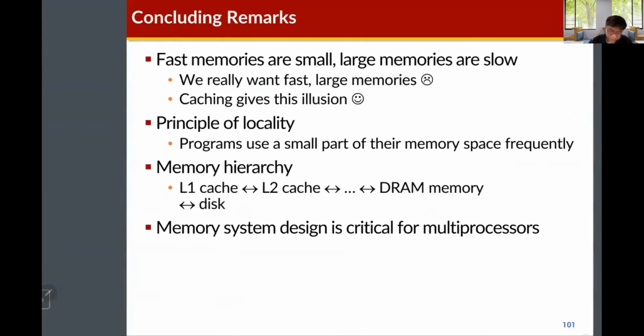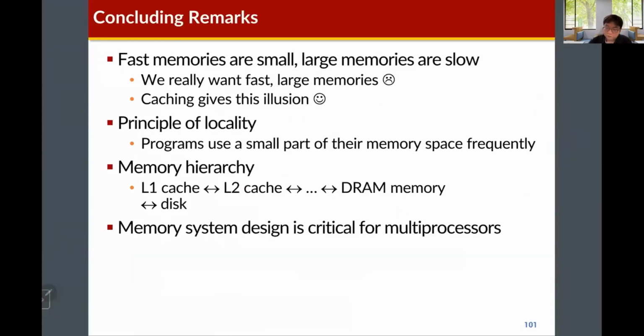Okay, I will conclude this chapter. We really want fast, large memory, but this is the ideal memory. We live in the real world, not a fantasy world. Because we cannot use ideal memory, we use memory hierarchy, right?